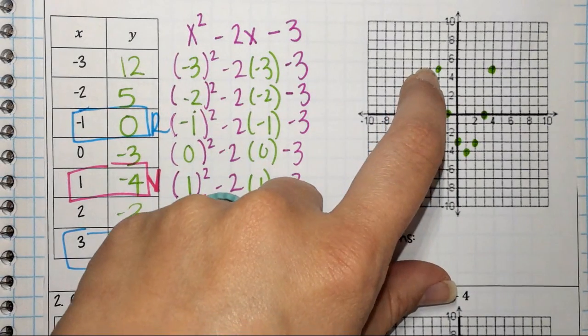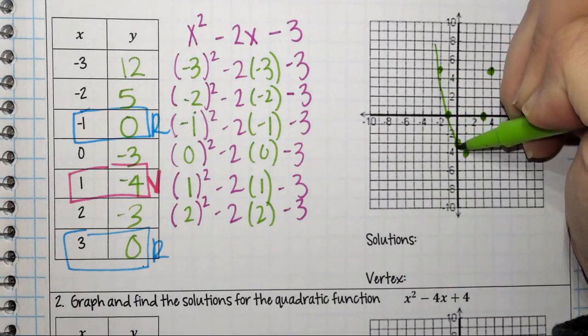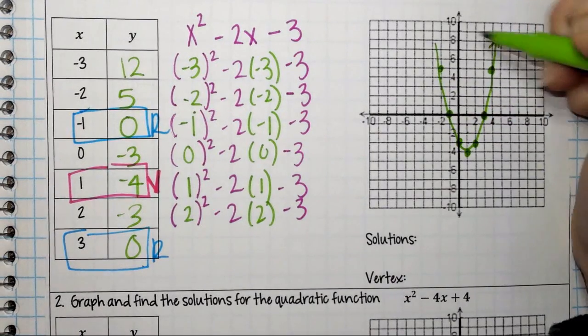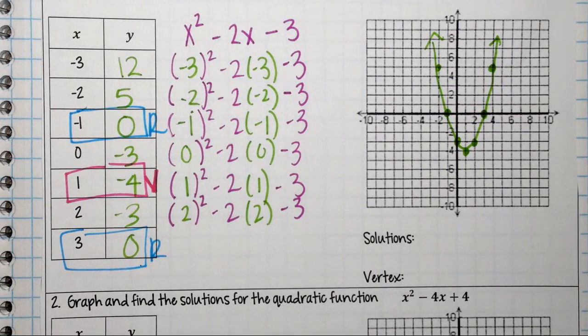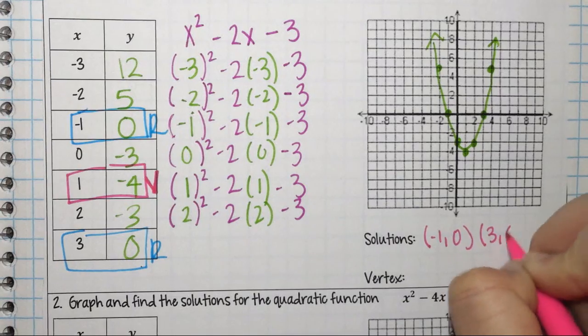It's going to be the same as this one, right? Yeah, so all you have to do is mirror it. Alright, so your solutions are -1, 0, and 3, 0.